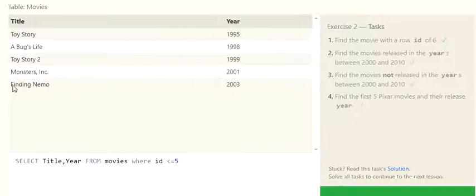So it's done. These are the titles of the 5 Pixar movies, with their release years.